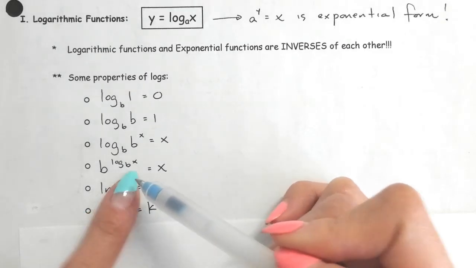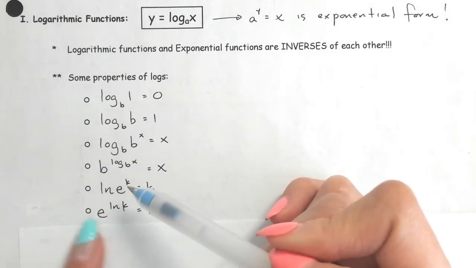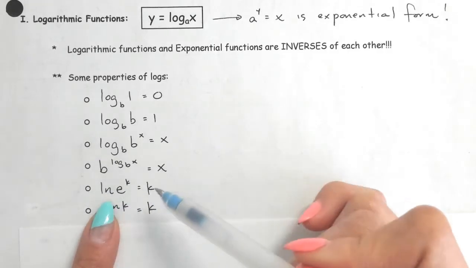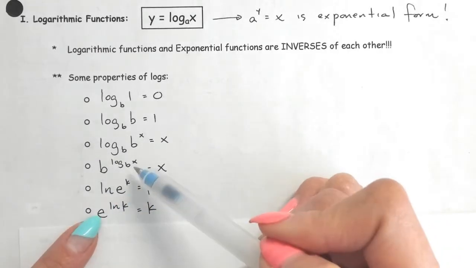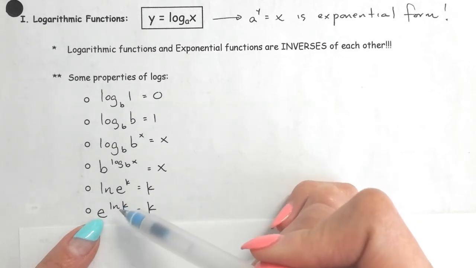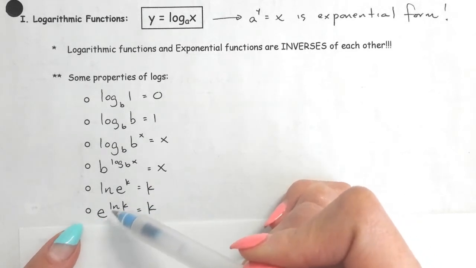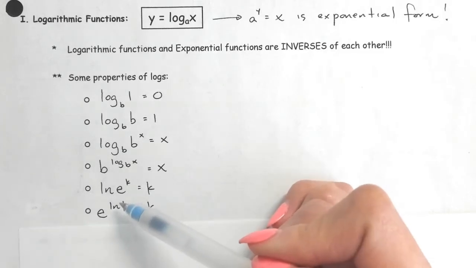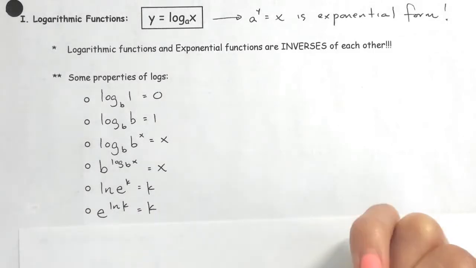So ln e is actually 1, and the k comes forward, k times 1 is k. And then this is very similar to this one. So e to the power of, technically this is log base e of k, so my property tells me that I can go ahead and simplify, and that just becomes k.